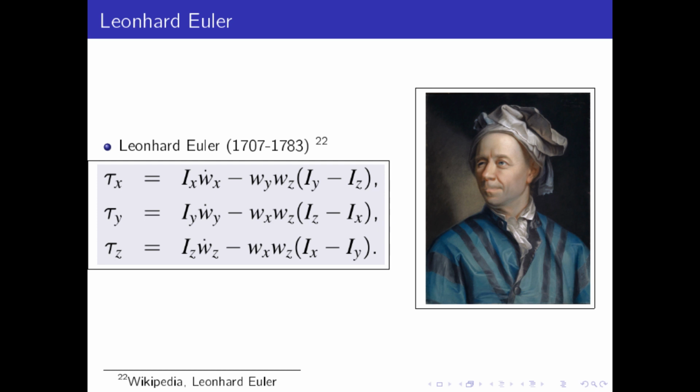Equations describing rigid body rotations are given by Euler, which are mainly what we needed to understand rigid body rotations. By using these equations, one can explain any rotation of a rigid body.